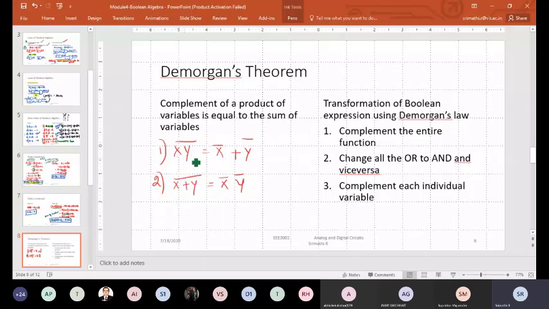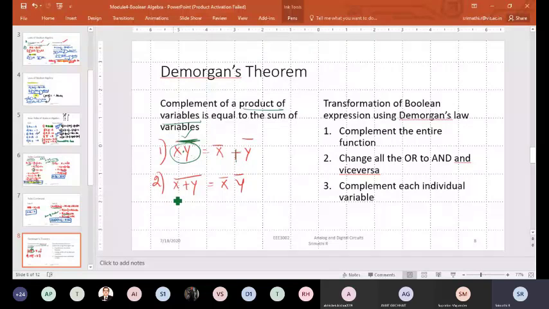Consider two variables x and y, and their complements. The complement of the product of variables is equal to the sum of the variables, instead of the dot I make it plus, but individually barred: x bar and y bar.